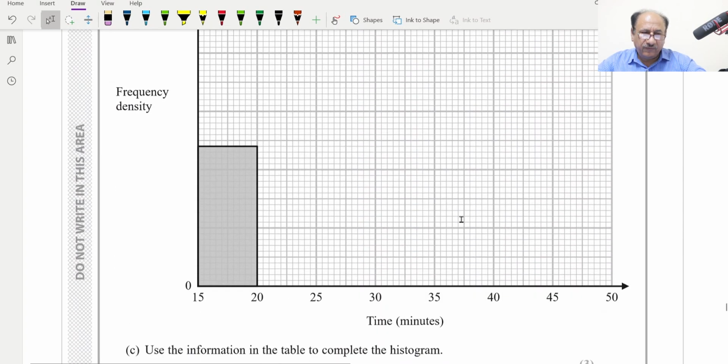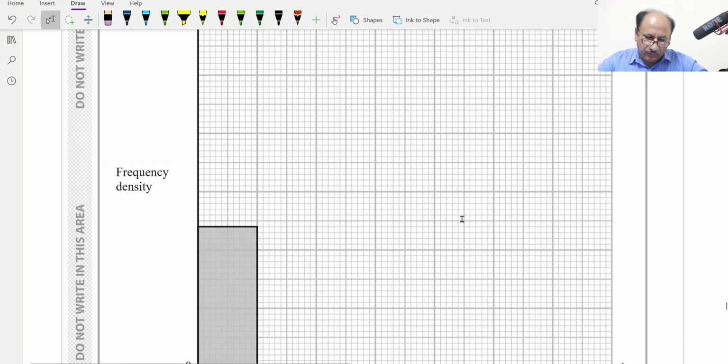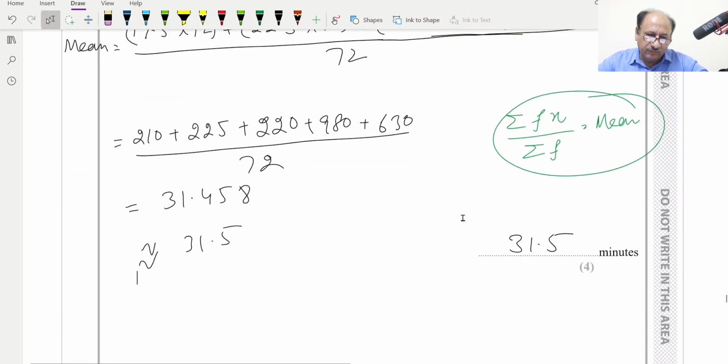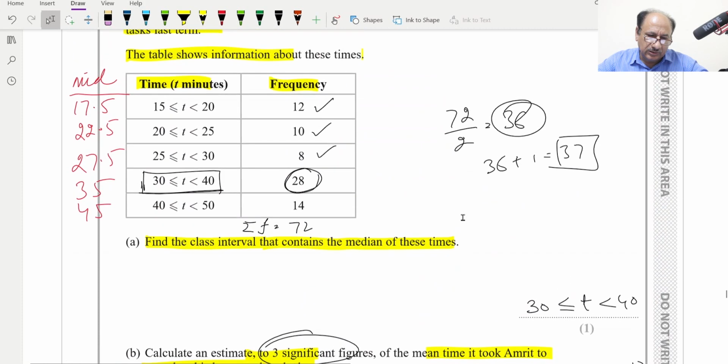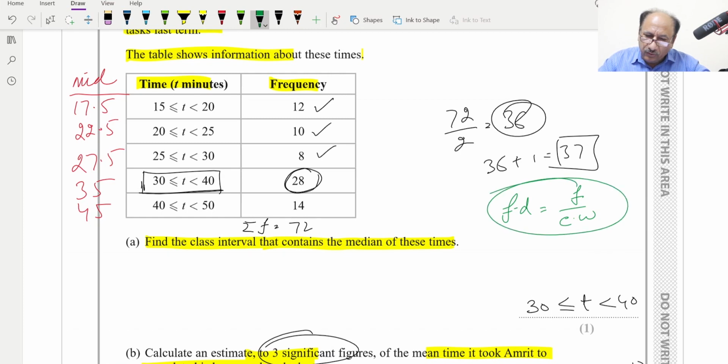The first bar, 15 to 20, they have already provided, and its height is 12. So for frequency density, you should know the formula: frequency density is equal to frequency divided by class width, which we will apply over here.